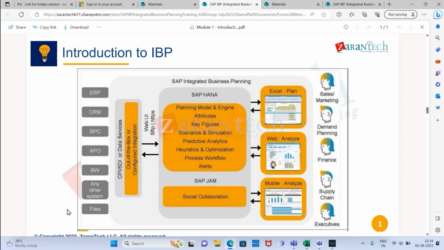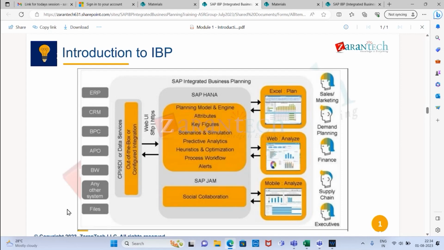There you can have a horizontal plan. When I say horizontal plan, on the top of each column you will have the requirements by week, and in the rows you will have one line as the customer forecast, a second line as the customer actual orders, a third line as the stocks, a fourth line as the open purchase orders, and a fifth line as the requirement.